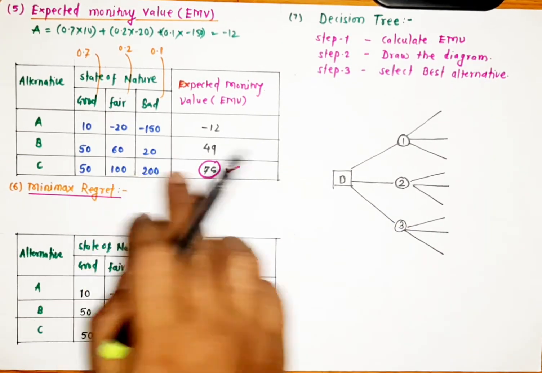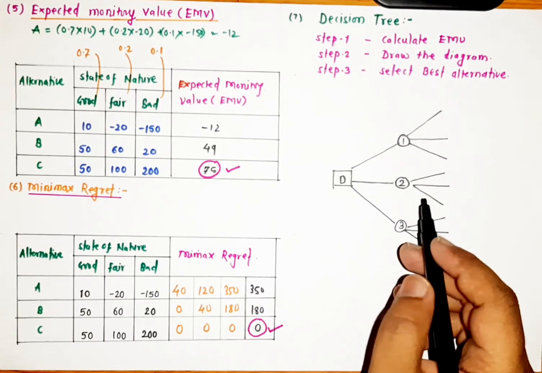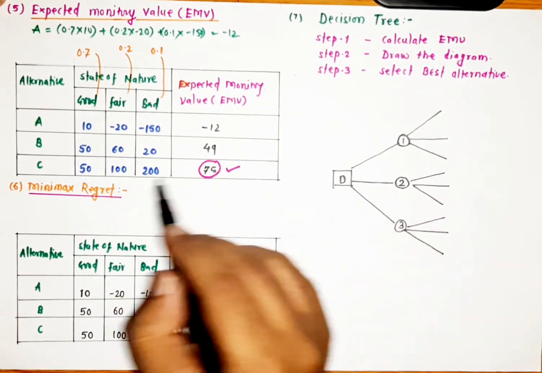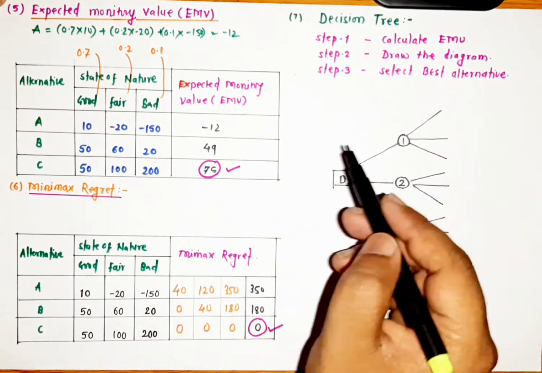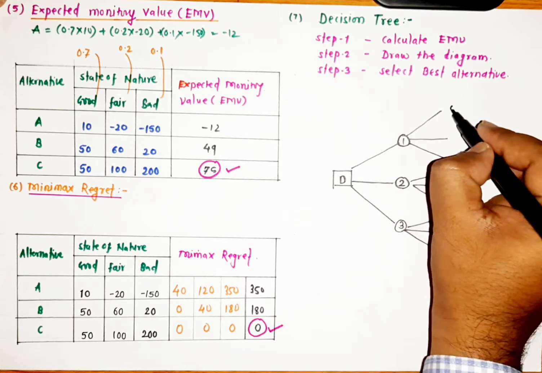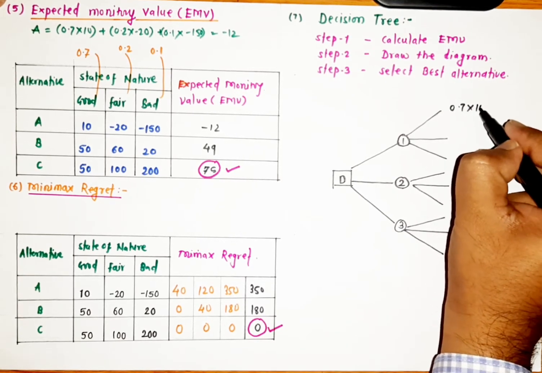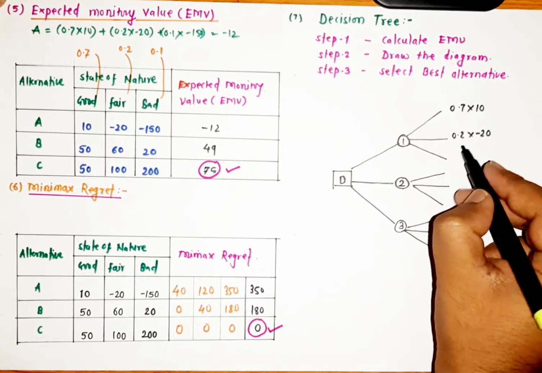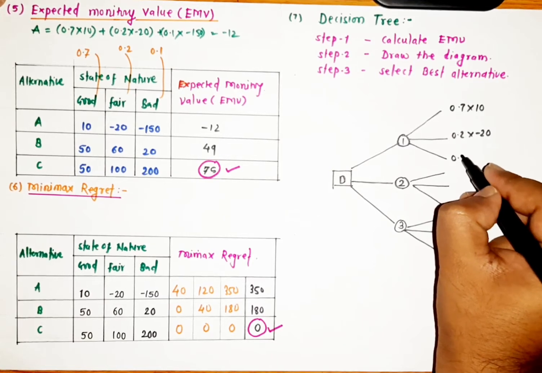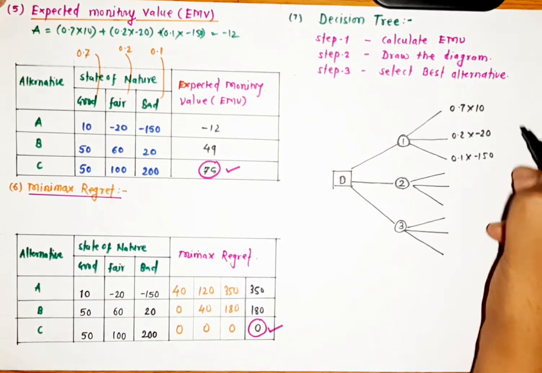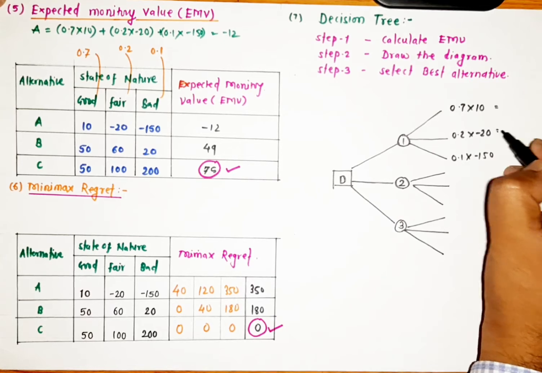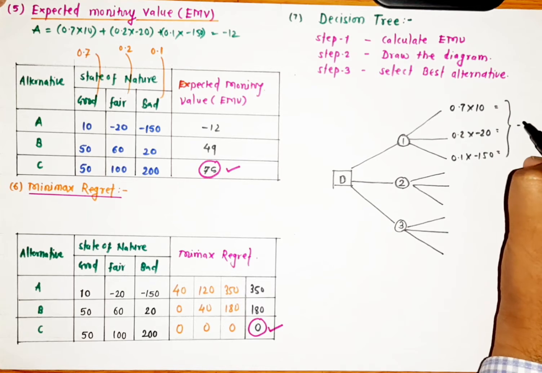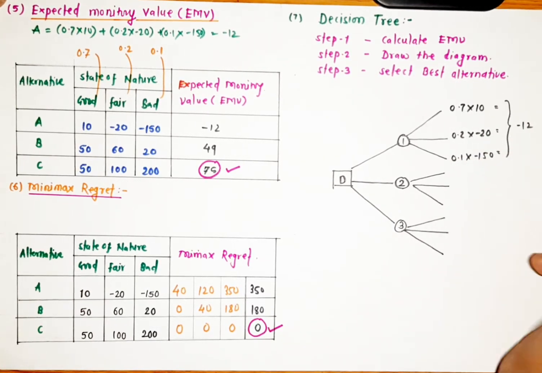We'll use the same problem to draw the decision tree. For the first alternative we want to calculate the expected monetary value: 0.7 into 10, then 0.2 into minus 20, then 0.1 into minus 150. When we add this we get minus 12.